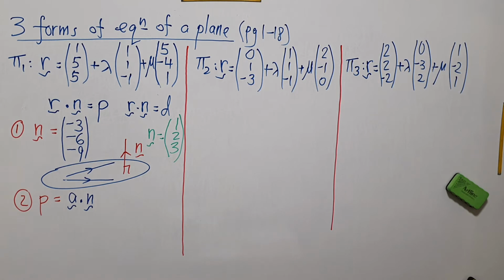In this case, a good choice of point on the plane will be this vector. Remember, this represents a point on the plane. So I take this point and dot product with this. What do I have? You're going to get -3, -30, and -45. So it's -78. This gives you a value of -78.